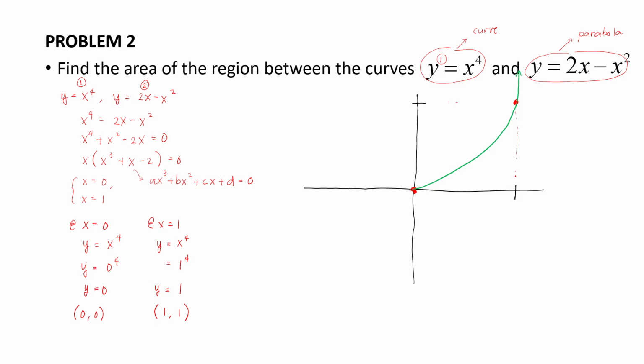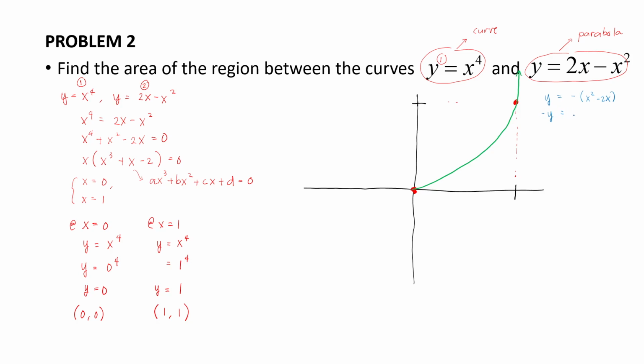Then the other one is opening downwards. So why is it opening downwards? If you try to manipulate the equation in standard form, this would give us negative x squared minus 2x and then y. So divide everything by negative.